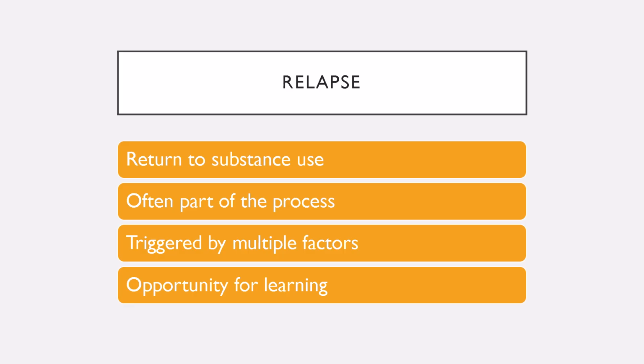It doesn't mean that relapse should be ignored or minimized, but it does mean that we need to understand it in context. Relapse usually occurs as a result of multiple factors coming together. Maybe triggers, stress, lack of support, or gaps in coping skills. It is rarely the result of a single event.